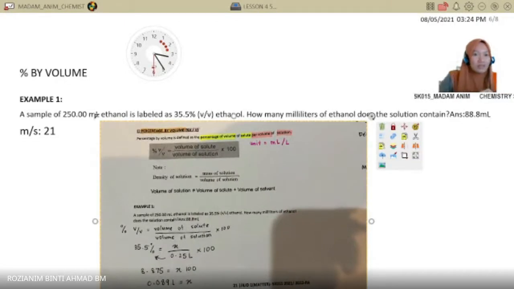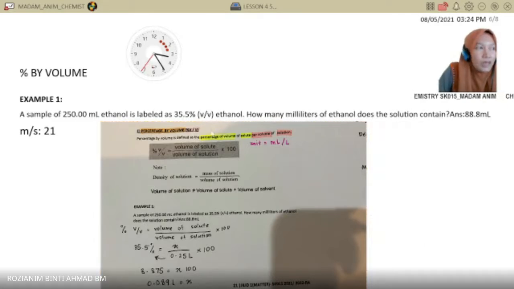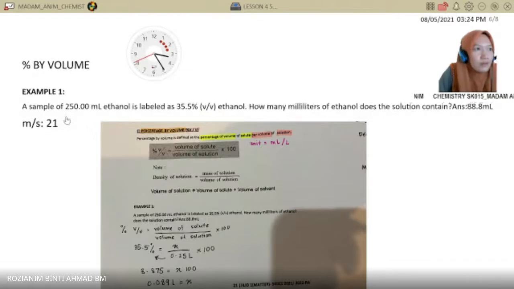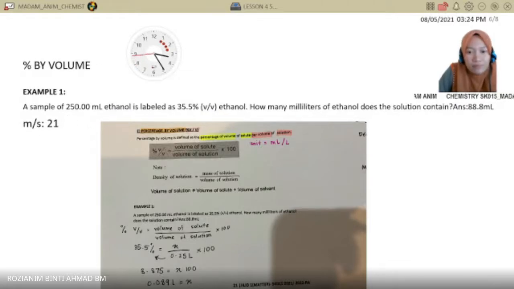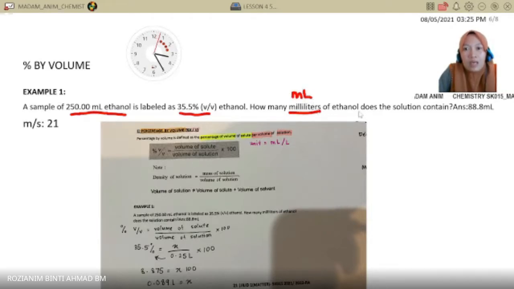Okay, right. Kita baca soalan dulu, nanti saya expand. Alright, okay. So, we have a sample 200. Okay, kita ada ethanol volume 215 ml labeled by 35.5 percentage by volume. Macam mana kita tahu percentage by volume? V over V. Okay, so how many milliliters, so the value in unit ml, does the ethanol solution contain?